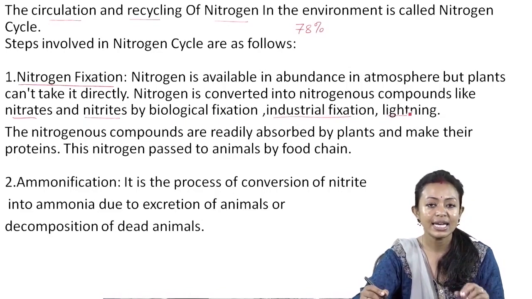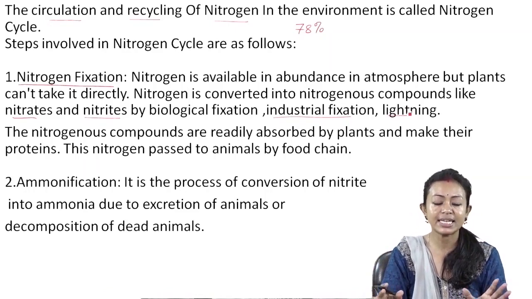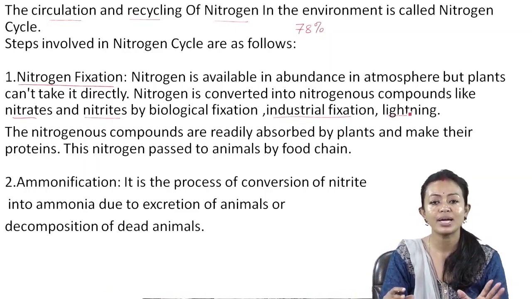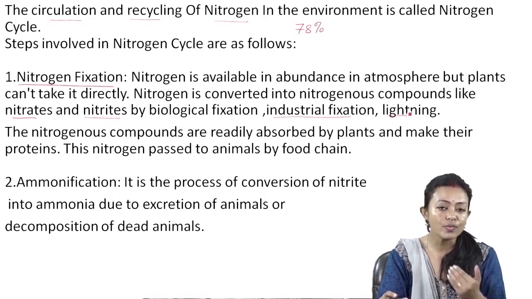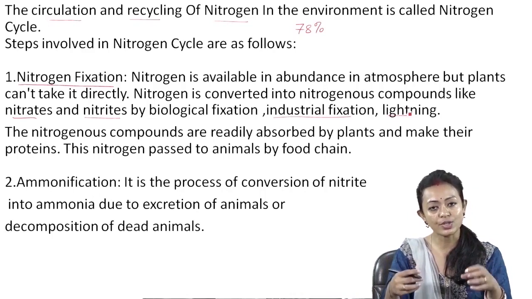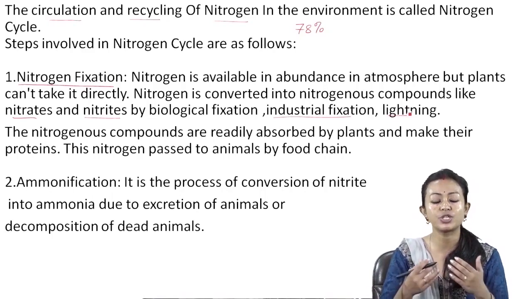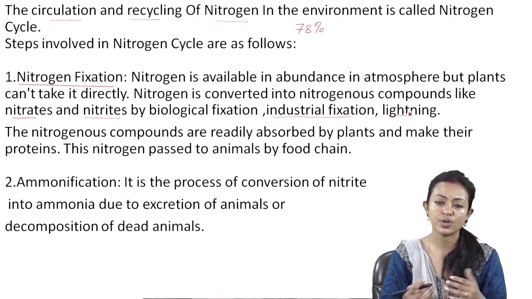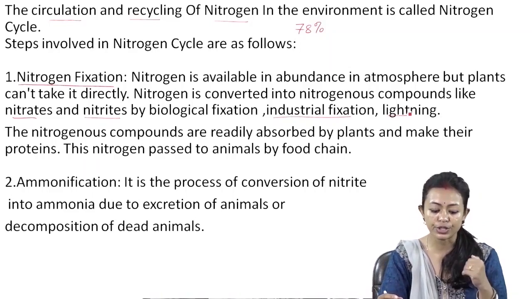How is it through lightning? At the higher altitude, due to thunder and lightning, the nitrogen combines with oxygen to form nitrogen oxides, nitrates, and they dissolve with water to form acid rain. So these dissolved nitrates come to the surface of the earth and are taken up by the plants, which then comes into the food chain. I hope you have understood how the nitrogen comes into the food chain.